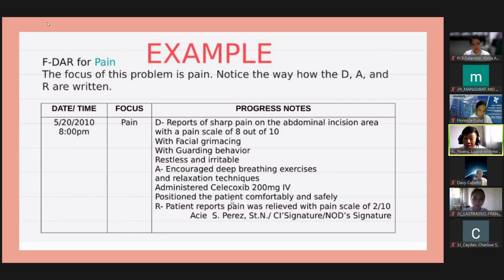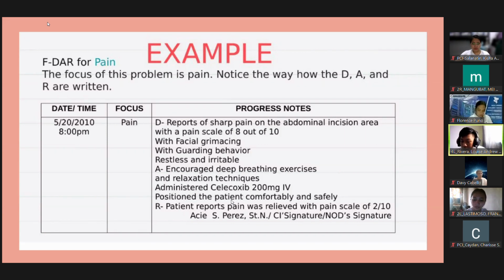So hindi pa talaga natin siya pwede ma-fill up, unless kung end of the shift na, tas in pain pa rin siya, then dyan na siguro natin malagay na the patient still reports of pain. Then maglagay naman tayo ng pain scale. Tapos kung ano na ba yung call of action natin, like nagtawag na ba tayo kay doc kasi hindi nag-subside yung pain niya. Which is hindi pa siguro kasi nagbigay man tayo ng pain meds, pero you get the idea.